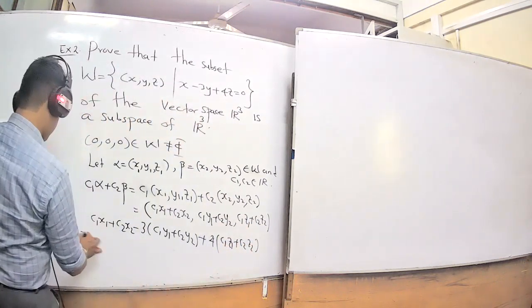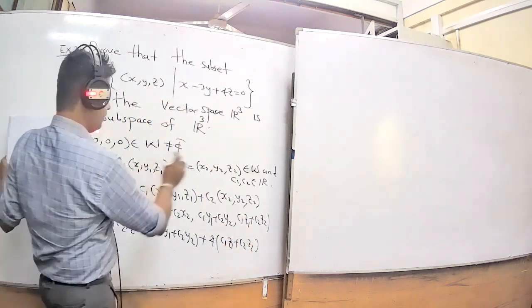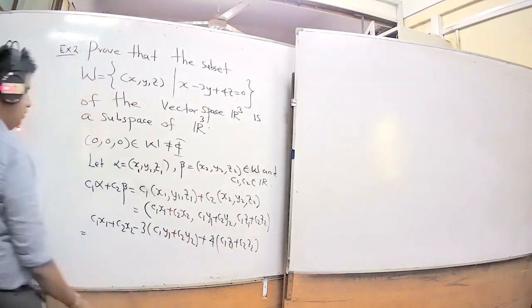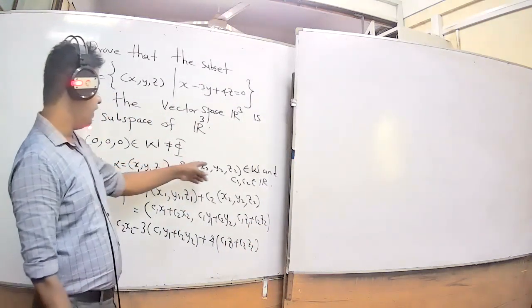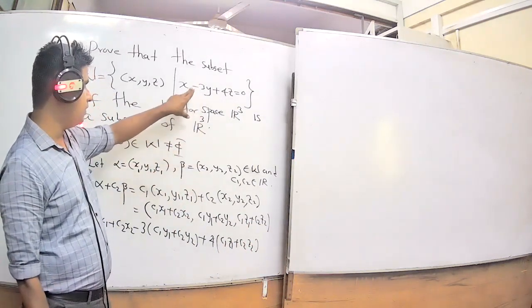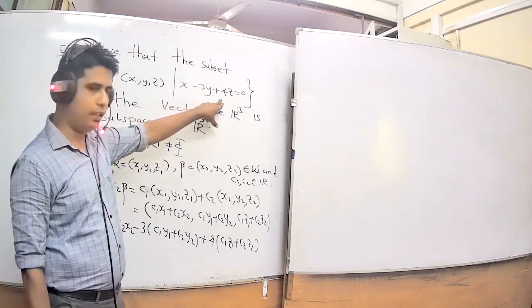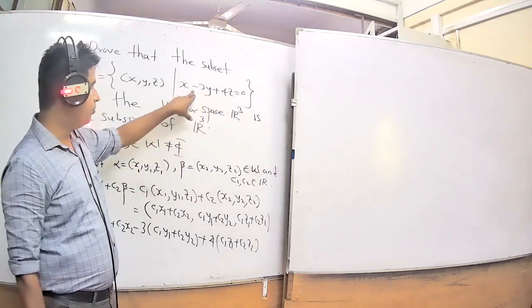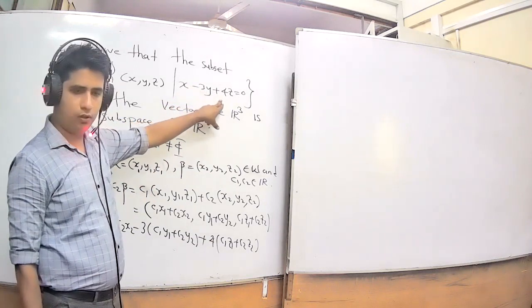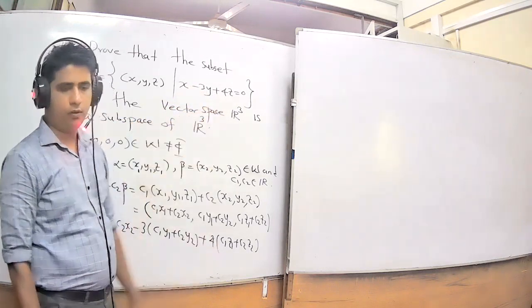Here alpha comma beta belong to W. Therefore, both vectors satisfy this condition. That means x1 minus 3y1 plus 4z1 equals 0, and x2 minus 3y2 plus 4z2 equals 0.